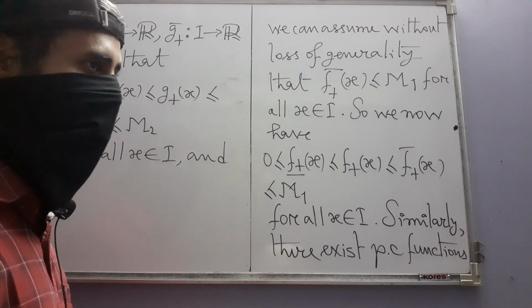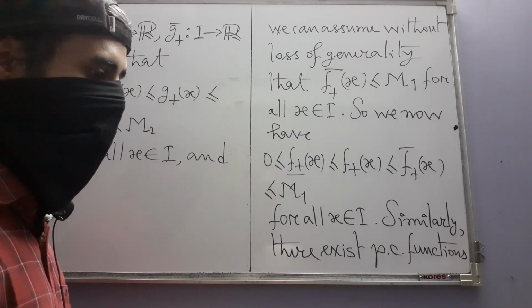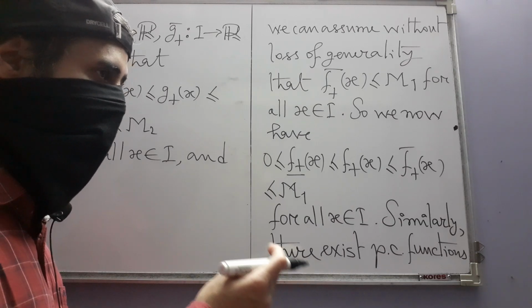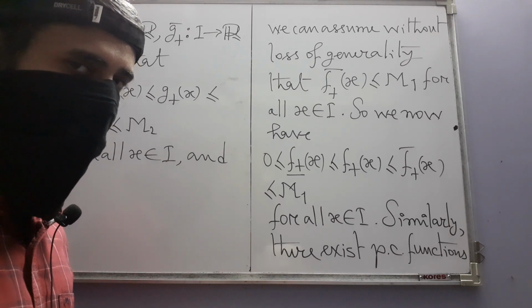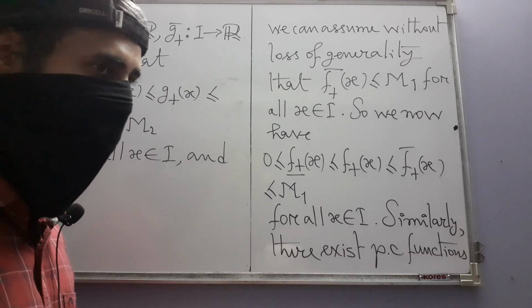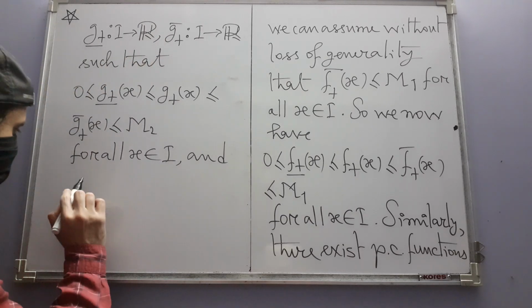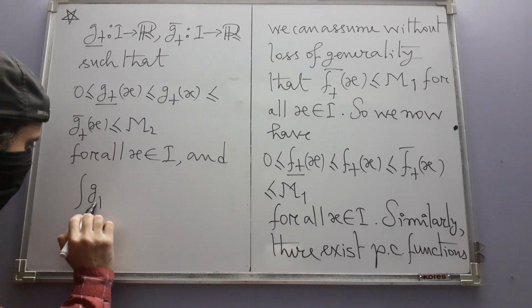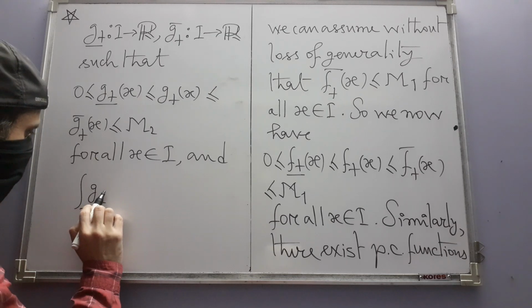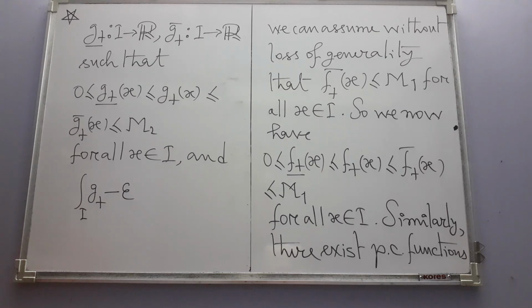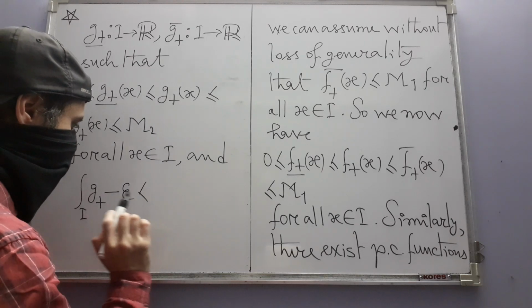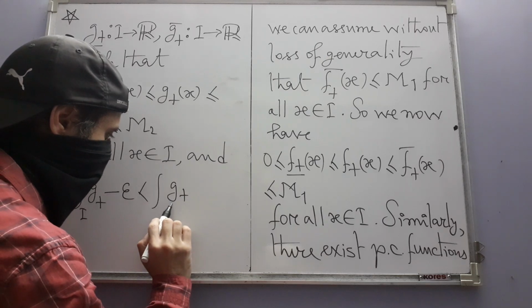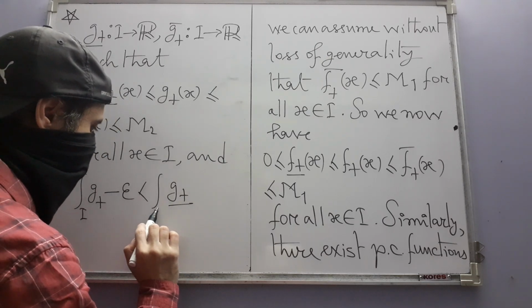Least upper bound means if we subtract epsilon from it, then it is no longer an upper bound. Minorizing, yes.